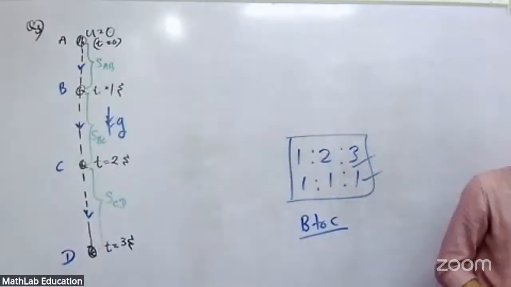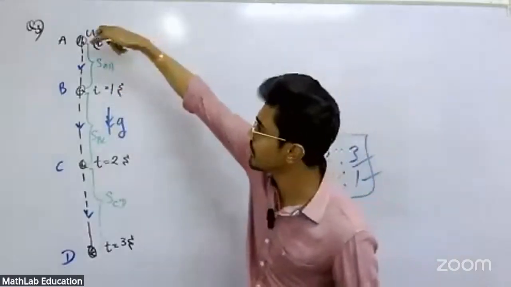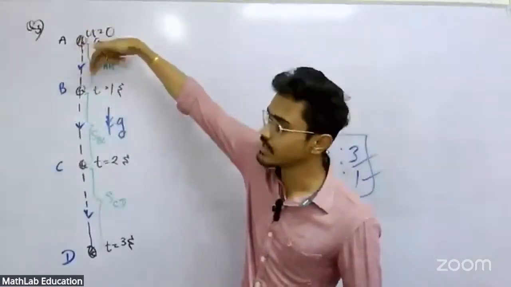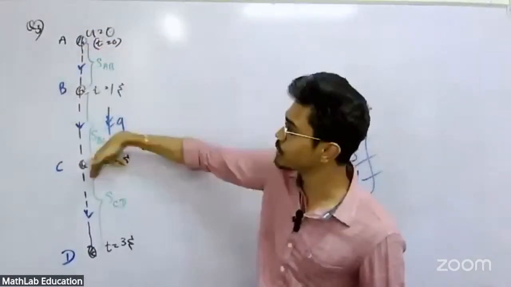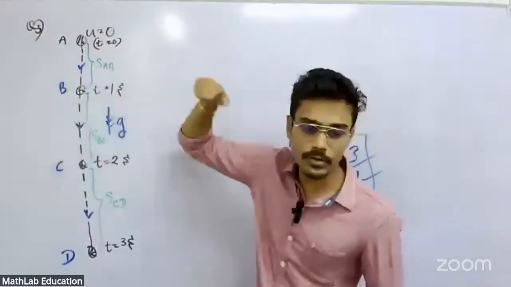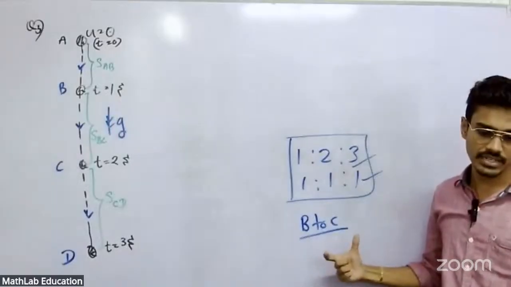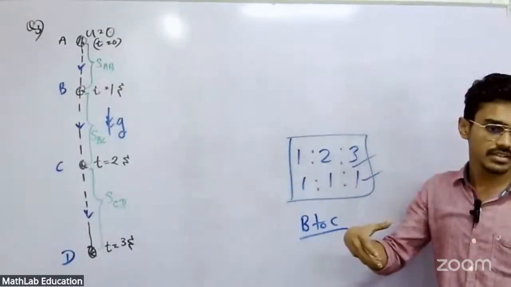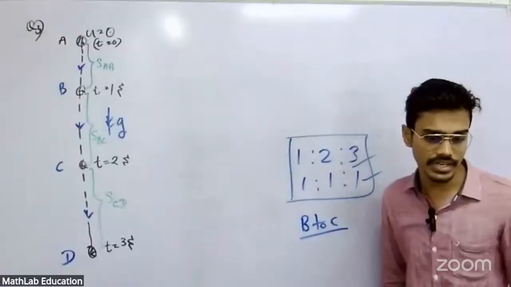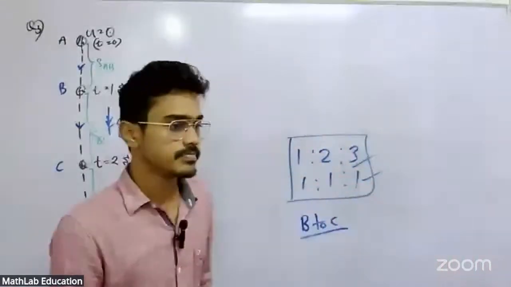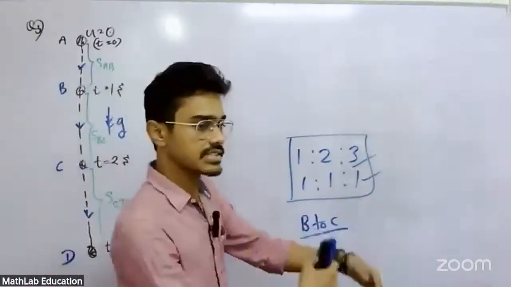If you are considering A to B, the initial point is A and the final point is B. If you are considering B to C, the initial point becomes B and the final point becomes C. With respect to the section you are selecting, it changes. An equation can be applied to a section.